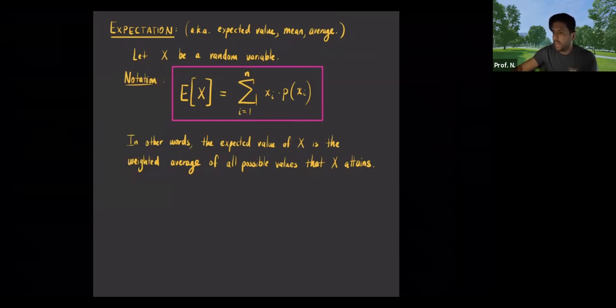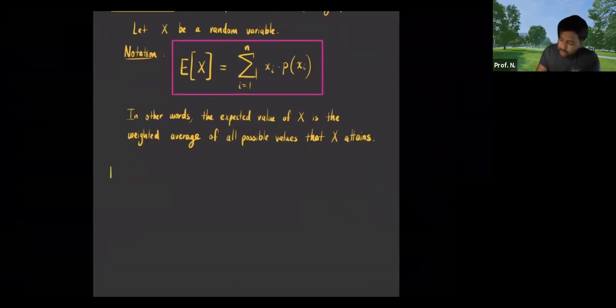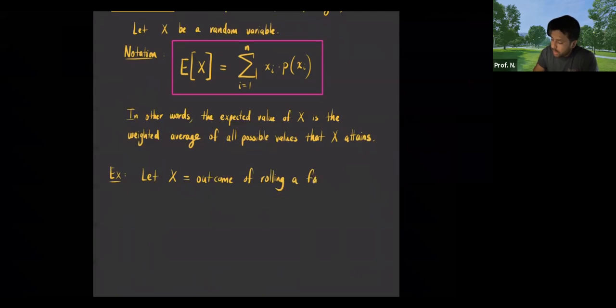Suppose, for example, let X be the outcome of rolling a fair six-sided die.